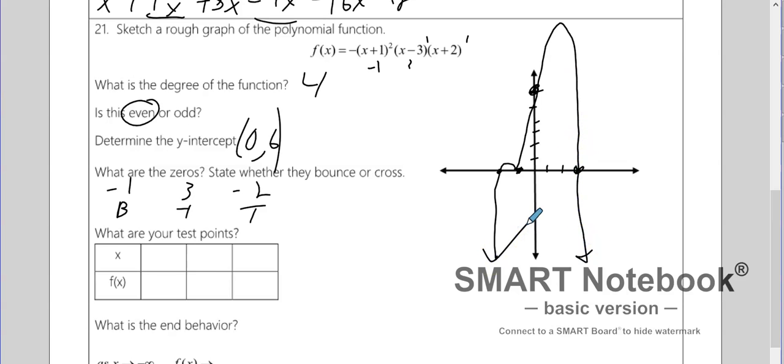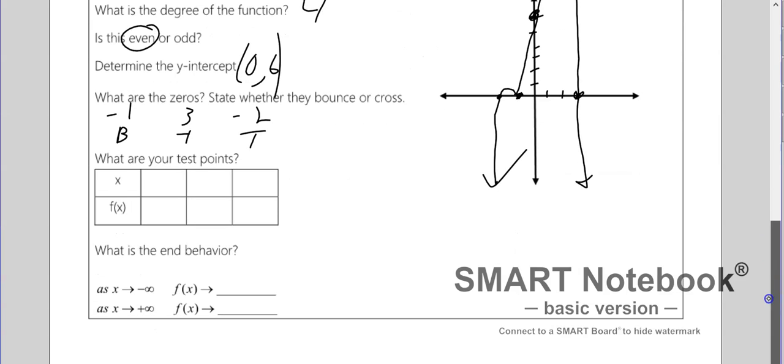It's a 4, it's even, and it's negative, so it should be the M shape. Now, it's not an even-sided M, but it is that general shape. Both are going towards negative infinity. And again, the test points are optional if you want to get a really specific graph. Otherwise, use a computer calculator to get the best picture you can.